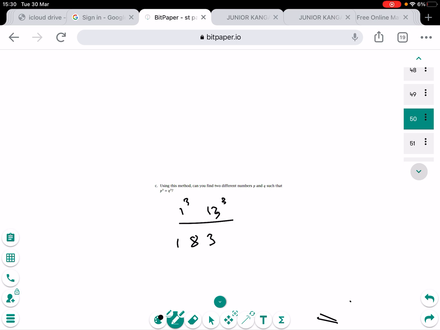And 4 cubed is 16 times 4, which is 64. 64 divided by 12, that's 60, that becomes 4. 5 cubed is 125, that remains 5. 6 cubed is 216 divided by 12.